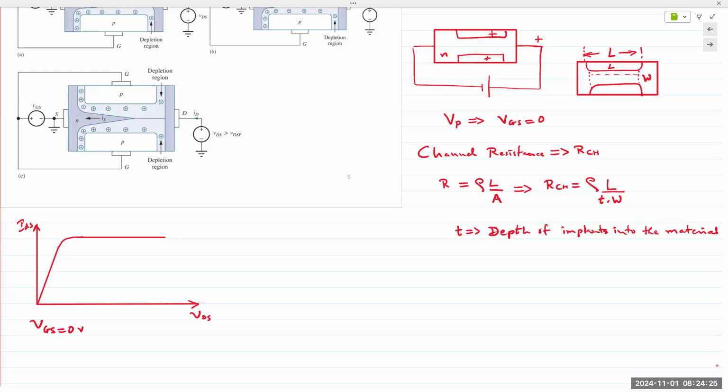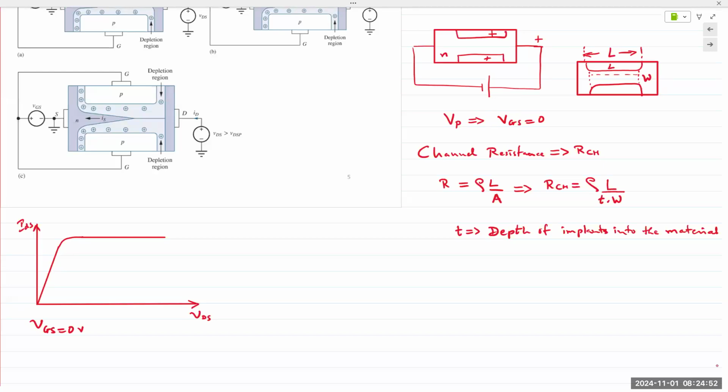It instead saturates, which means that the electrons are still able to cross through, and the device now behaves like a constant current source. There is a very high density of electrons, a current that flows through there that keeps the current level constant.